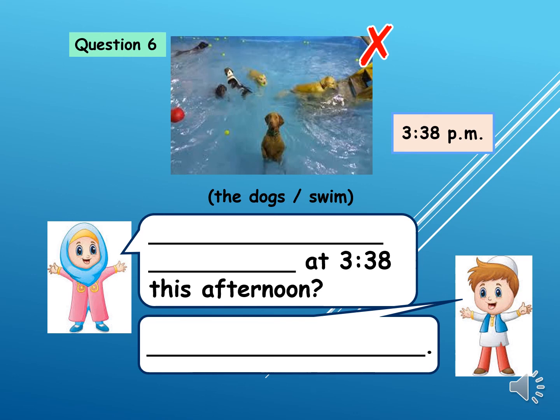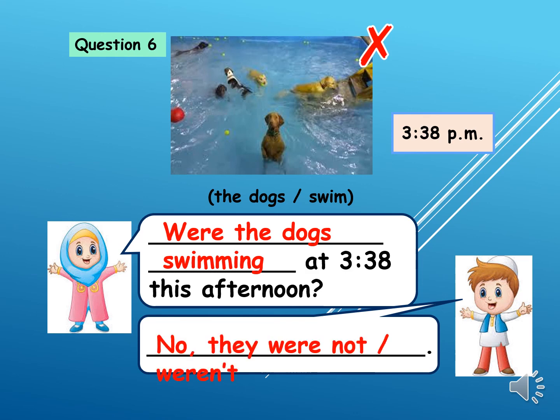Good, let's see. Were the dogs swimming at 3:38 this afternoon? The answer is no, they were not. Or no, they weren't. How many questions can you answer correctly?